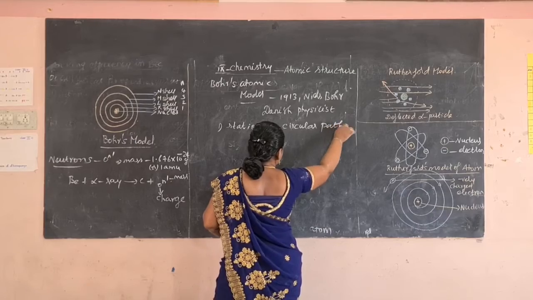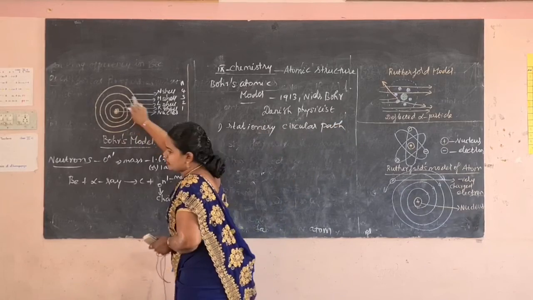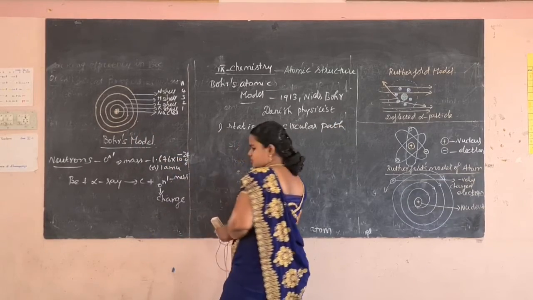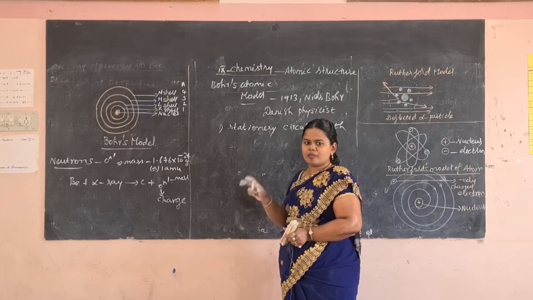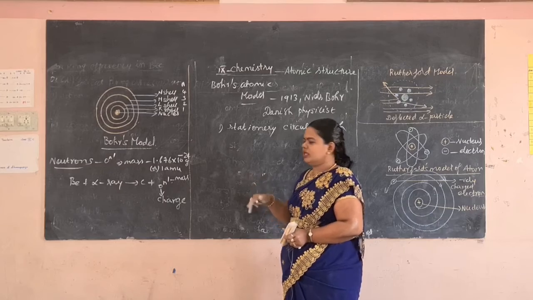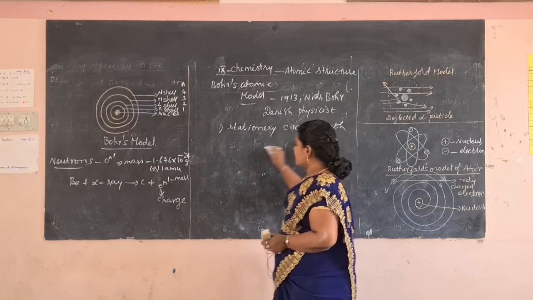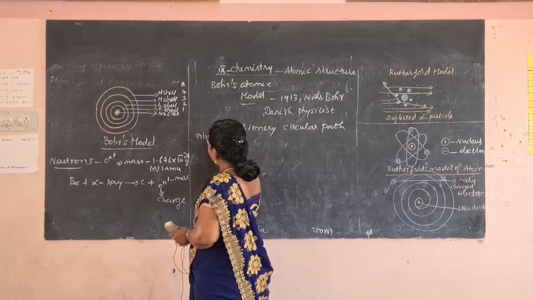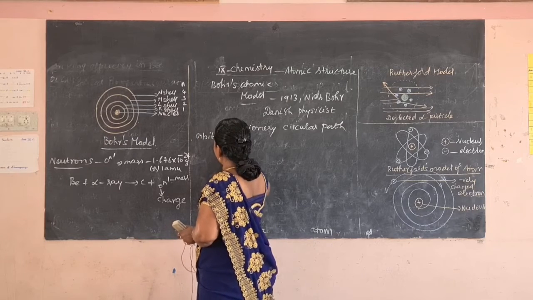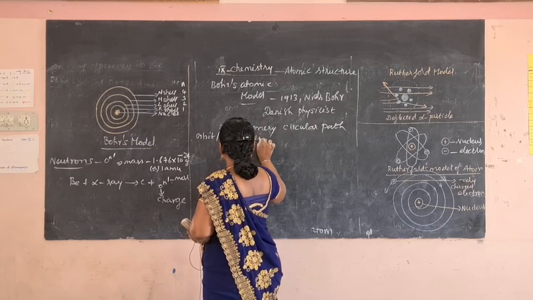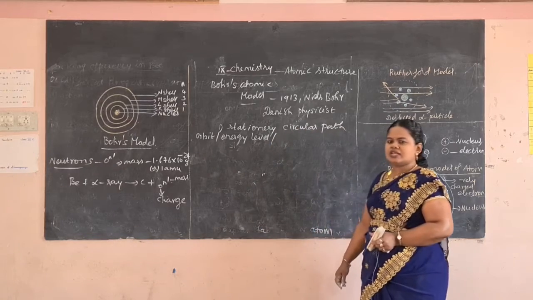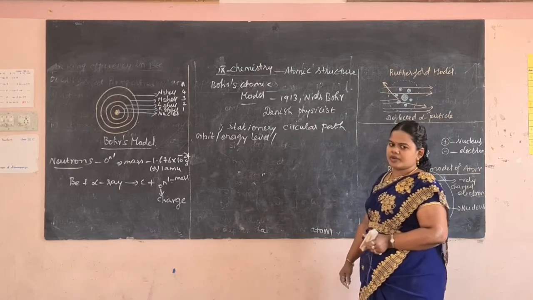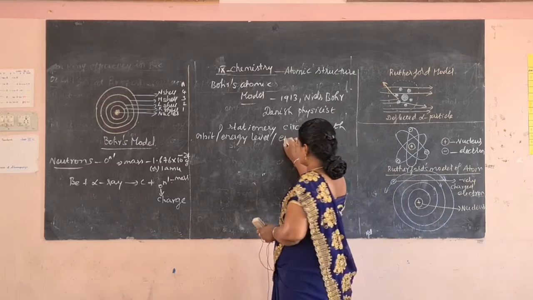Stationary means it will remain as such, not movable. The electron will be moving in the orbit. So the first postulate is the electron is revolving in stationary circular path called orbit or energy level or energy shells.